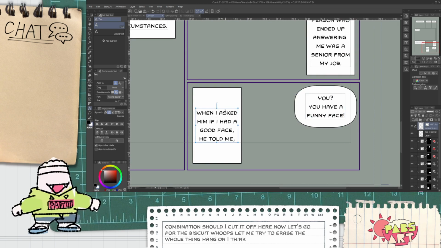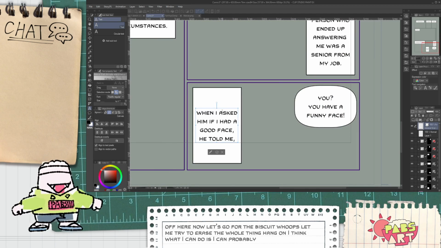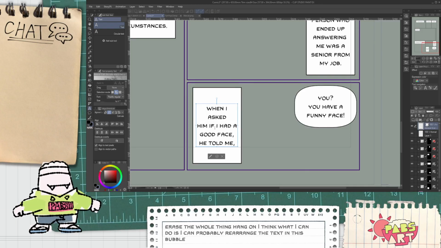I think what I can do is I can probably rearrange the text in this bubble to be more vertical.